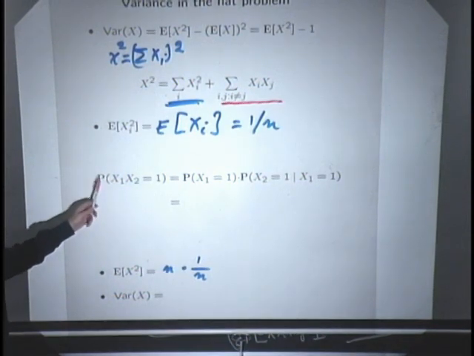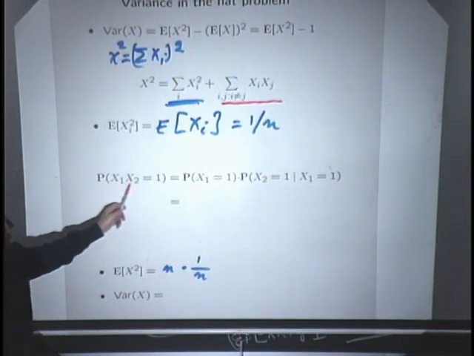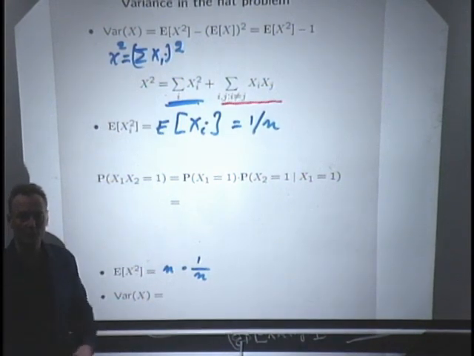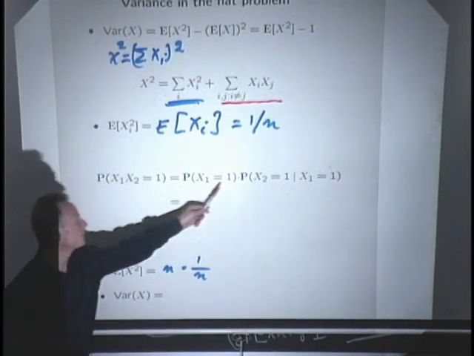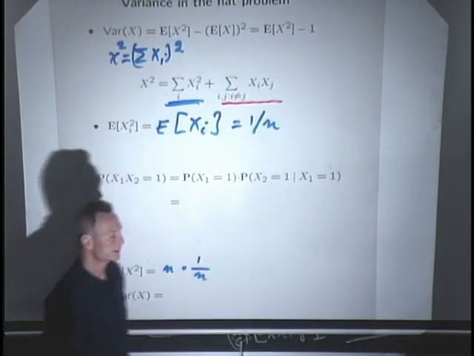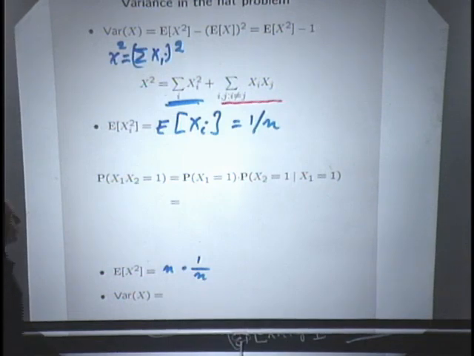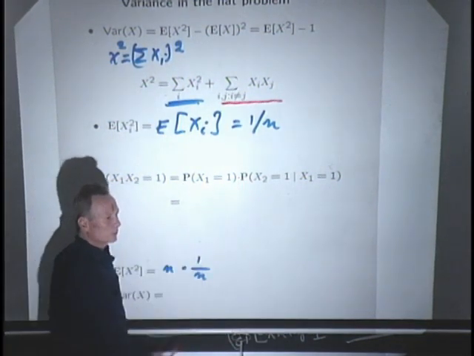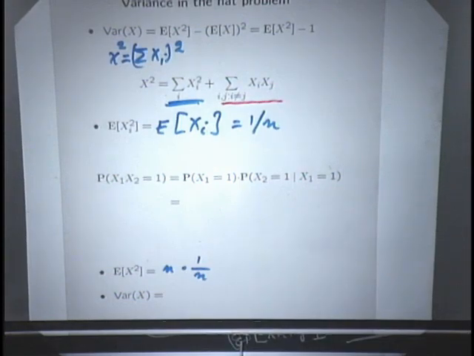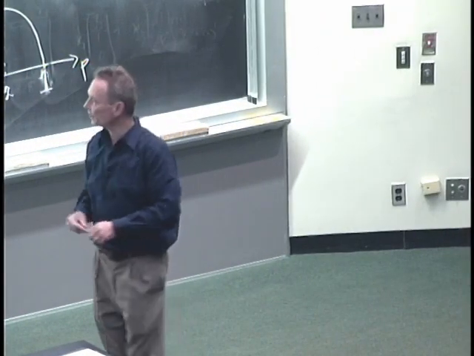The probability that person 1 and person 2 both picked their own hats is the probability of two things happening, which is the product of the first thing happening times the conditional probability of the second, given that the first happened. And in words, this is the probability that the first person picked their own hat times the probability that the second person picks their own hat, given that the first person already picked their own.